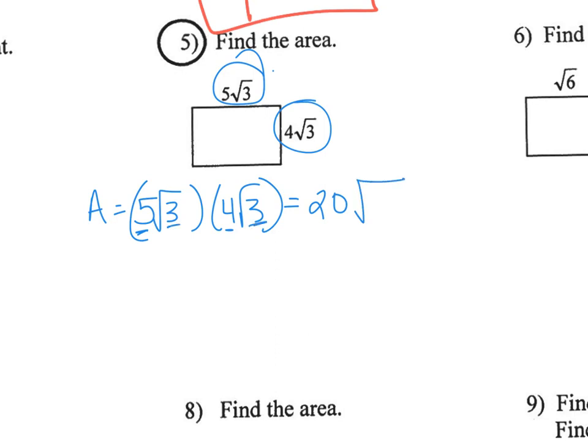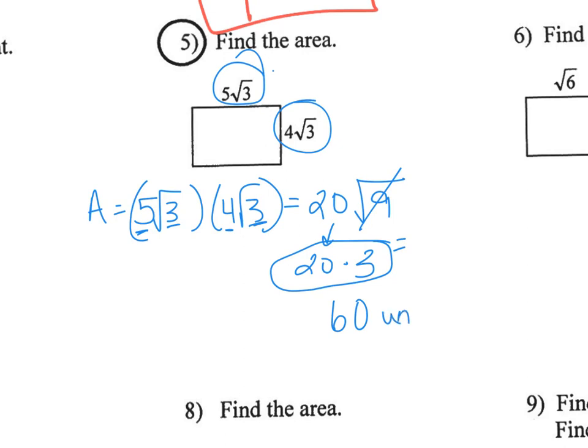Inside times inside, root 3 times root 3. The 20 is outside, so it comes down. The root of 9 becomes the whole number 3, and you multiply 20 times 3 to get 60. It doesn't have any units, so we just put units squared. So it's 60 units squared is the area for number 5.